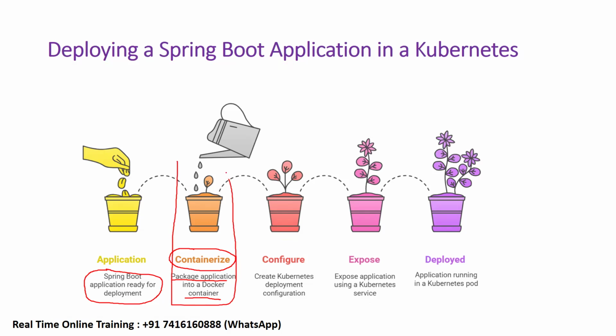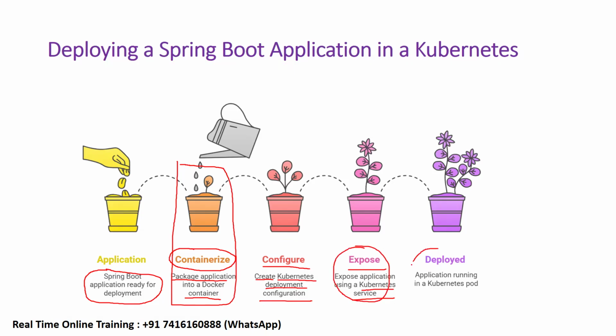Containerize your application. Now, third step, we need to configure, meaning we need to create the Kubernetes deployment configuration. Step 3. Then we need to expose the application using a Kubernetes service. That is about exposing our application.